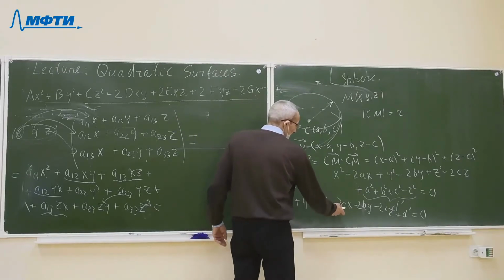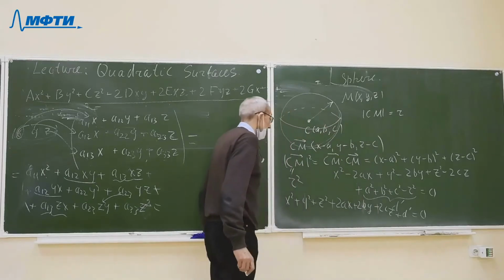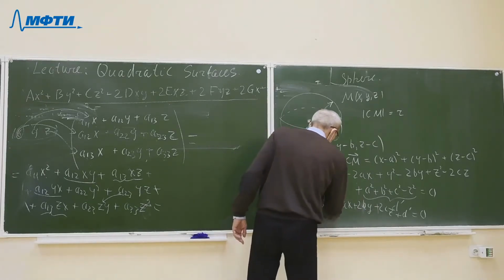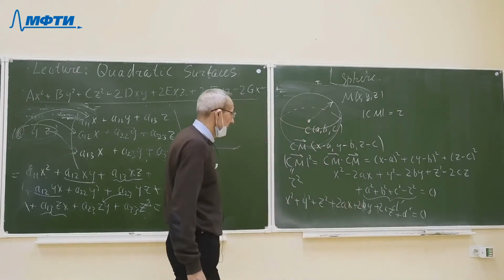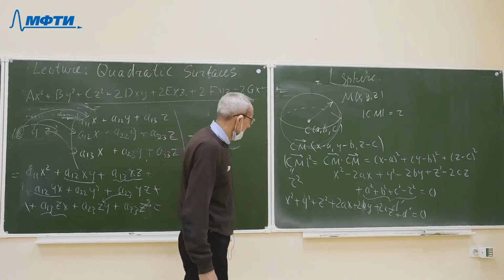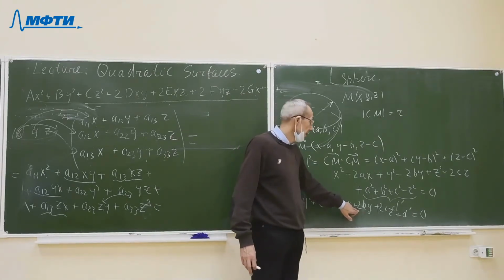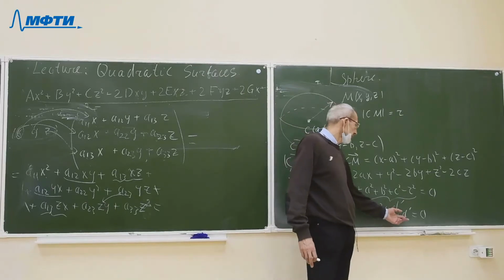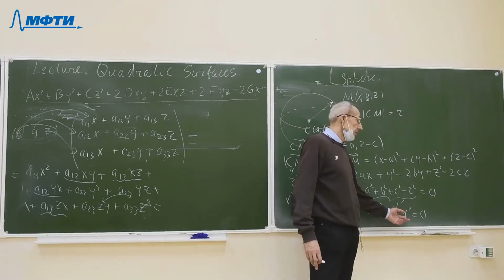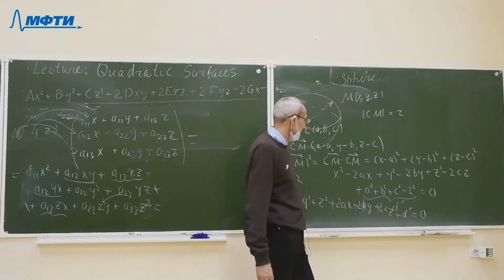You can change the sign to plus, and we obtain the general form of the sphere in the space. These coefficients can be arbitrary, but in some cases we can obtain the empty set or one point.